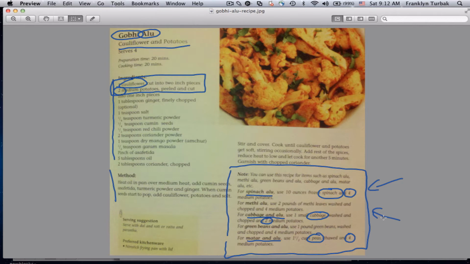But even more important is if we did have 4 different recipes for these 4 different variations of this dish, then someone reading the recipe would have to figure out that the only difference between them was the vegetable and the number of potatoes. And we want to make it very clear when we're defining this recipe that that is the only difference.